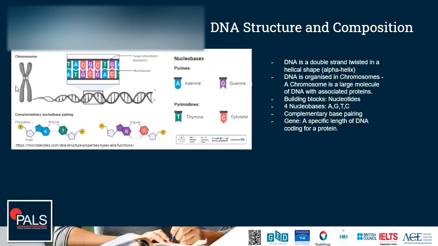So when a cell divides, these two halves will split and they will go to opposite ends. So it's very important that the chromosome shape is like this during cell division, because DNA is moved around in a cell, so it needs to be packed up. So a chromosome is basically a very, very packed up form of DNA ready to be moved around the cell.